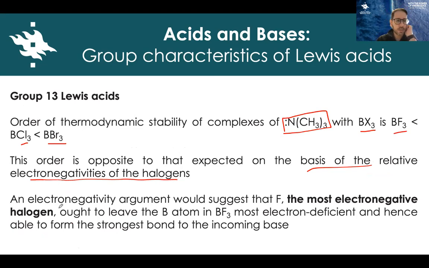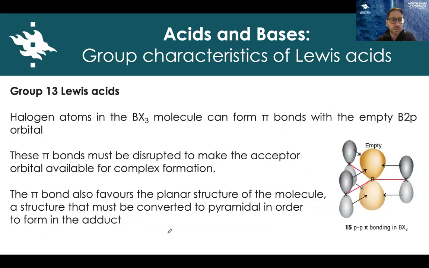So in this case, this electronegativity argument would suggest that fluorine, being the most electronegative halogen, should leave the central atom most electron deficient, therefore having the highest Lewis acid behavior, or be able to form the strongest bond with an incoming base, right?